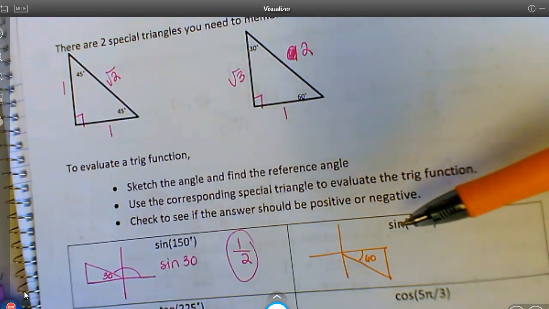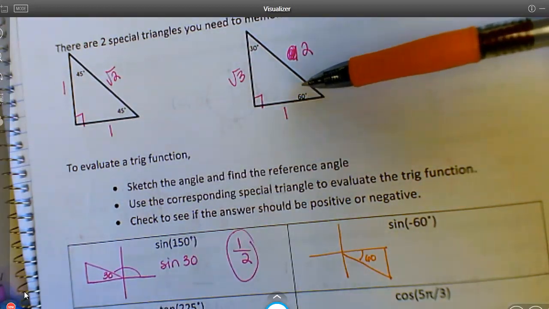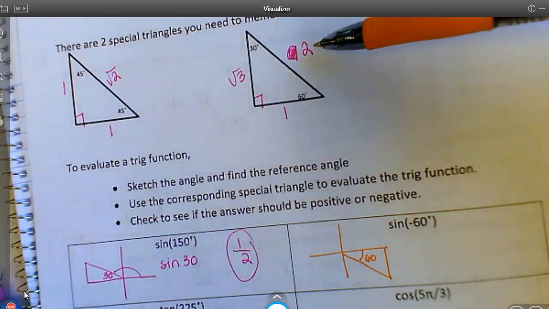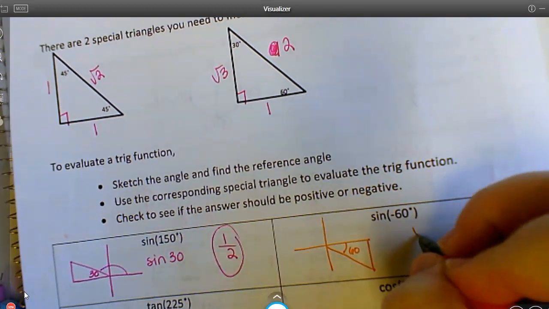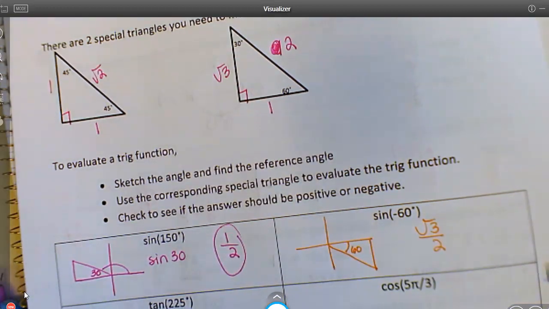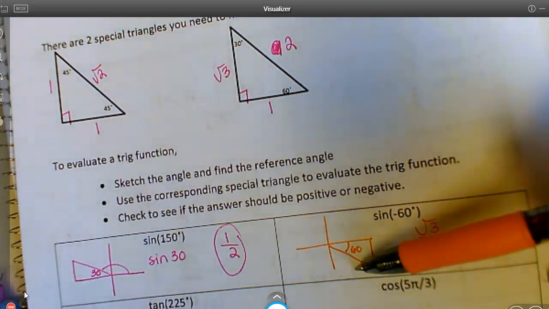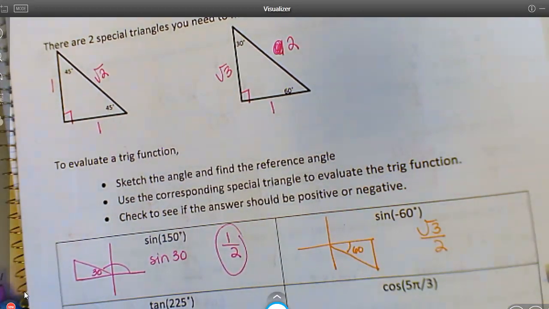I still want sine, so it's still opposite over hypotenuse. Here's 60. Square root of 3 over 2. Okay, then we try to decide, is it positive or negative? A, S, T, C. We're in the cosine quadrant. So what do we think is true about sine? Negative.